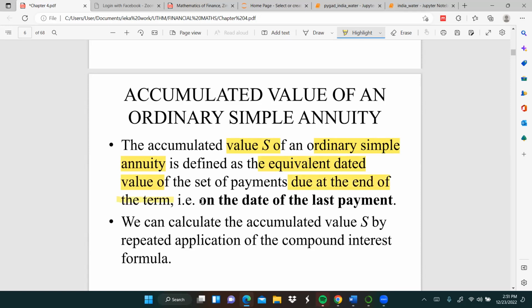For example, we can say the accumulated value on the date of the last payment. Always remember, for accumulated value the notation is S, calculated by repeated application of the compound interest formula.